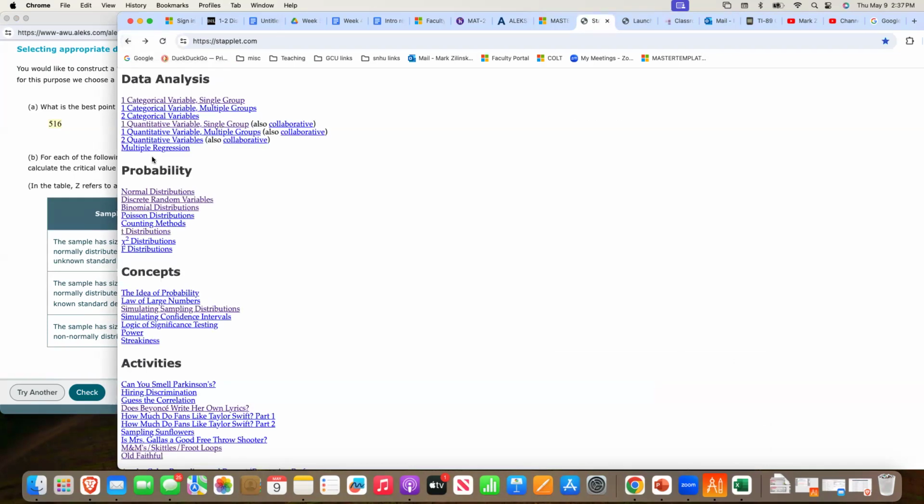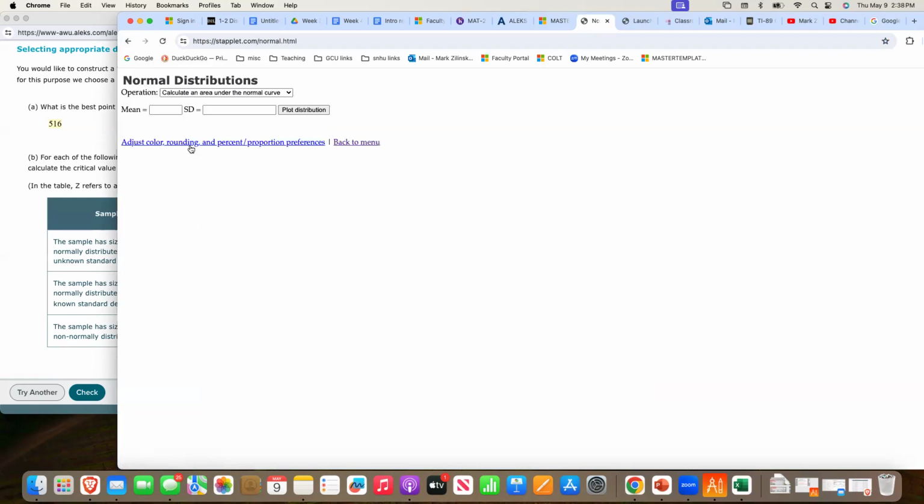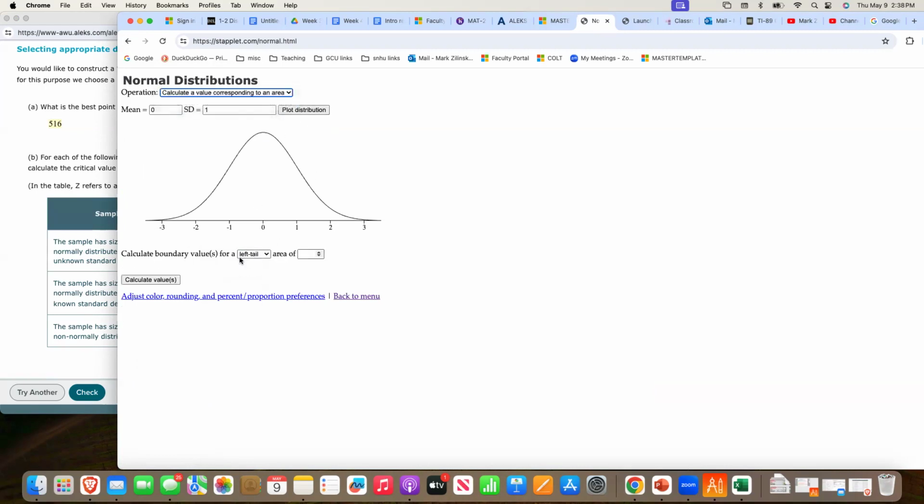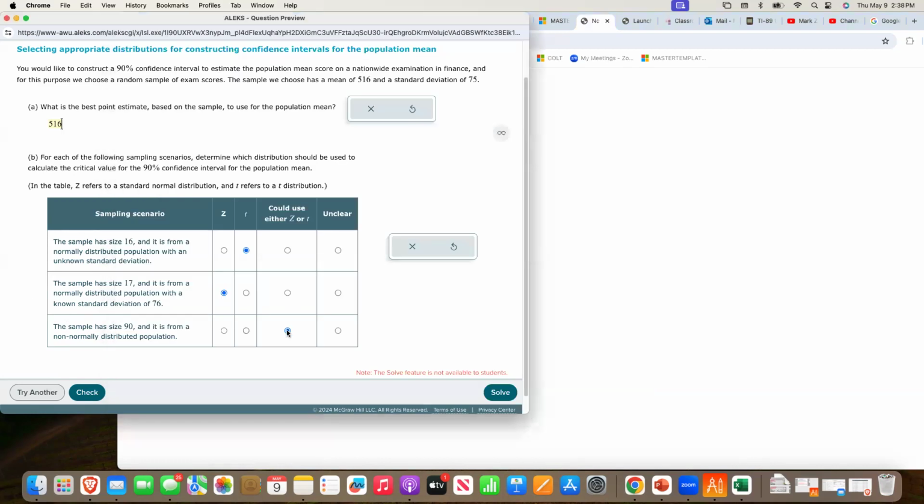Then if I go into the standard normal distribution with a mean of 0 and a standard deviation of 1, and calculate the corresponding right tail area of 0.05, we have 1.645. The T was very close to the Z, so for practical purposes, we could use either Z or T.